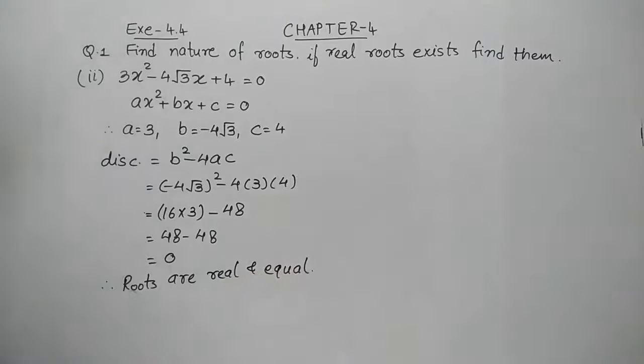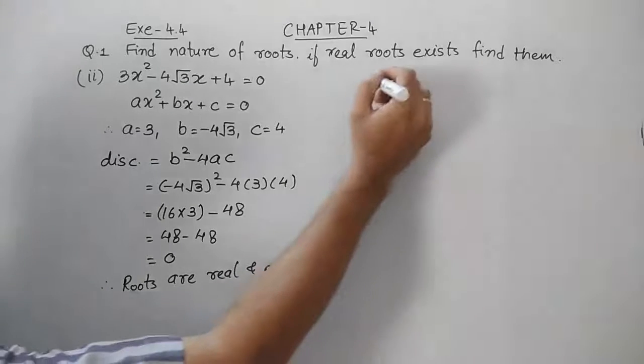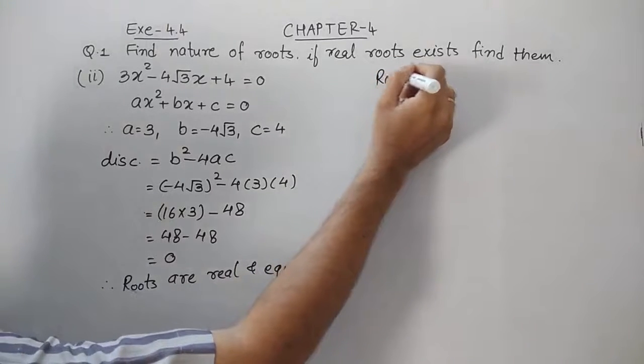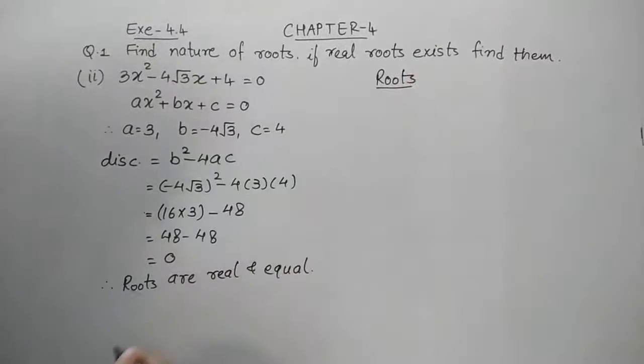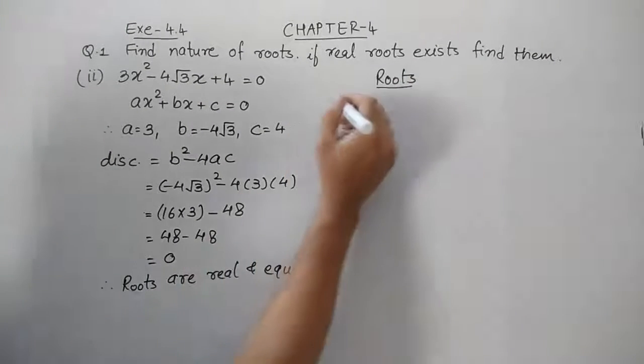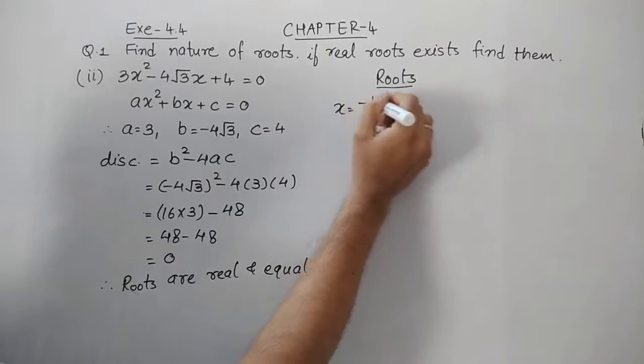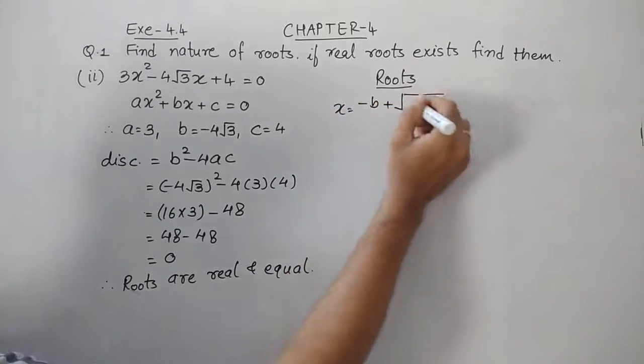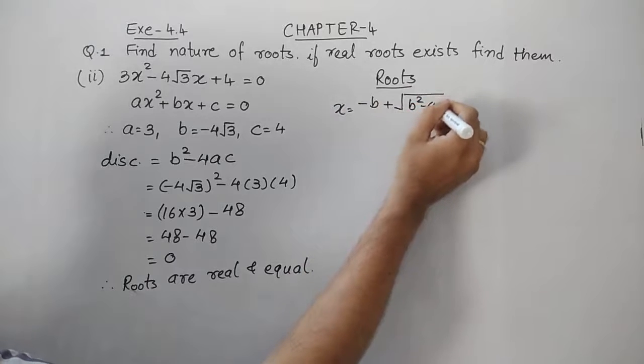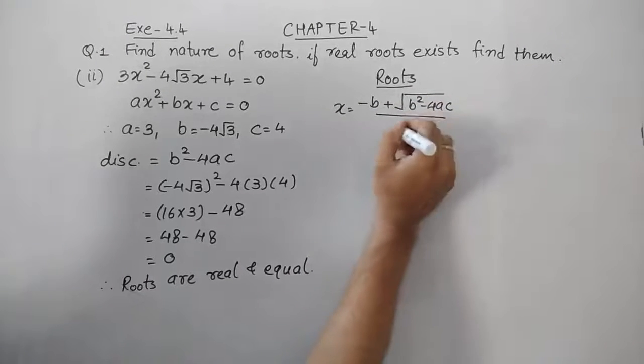So let us find out the roots of this. Before we find out the roots, we know the formula to find out the roots of this equation. We can find the roots by the method of quadratic formula, that is alpha and beta. We can say the value of x is minus b plus root b square minus 4ac upon 2a.